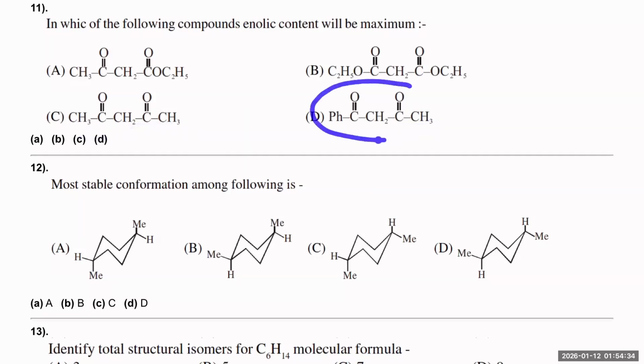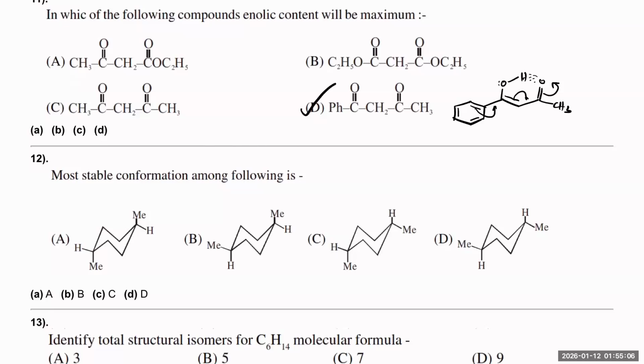And most importantly, here in this ketone, there is a help that it will offer, because if you have a double bond O and H here, double bond O and CH3 here, first they will have hydrogen bonding. Along with that, there is an extended conjugation that can be offered even from benzene also. We can get an extended conjugation from both the ends that makes this have more enolic form.